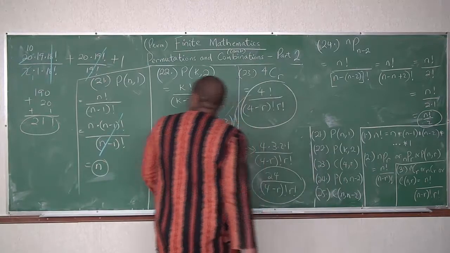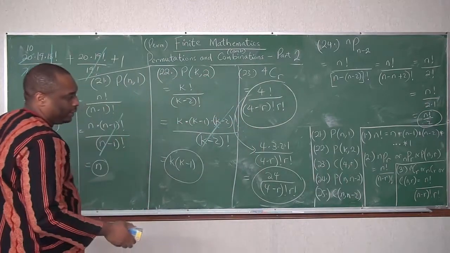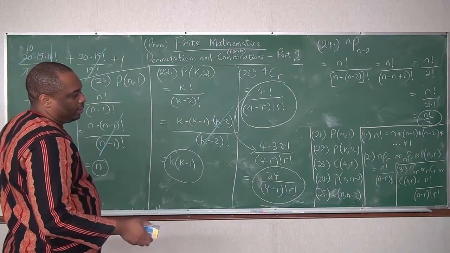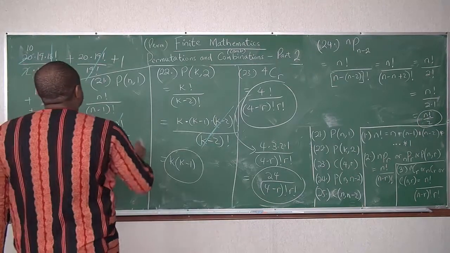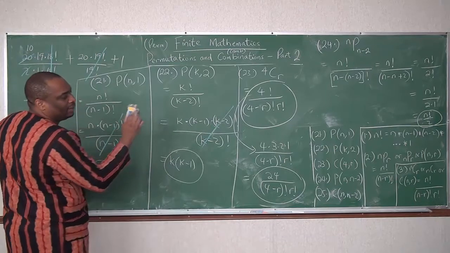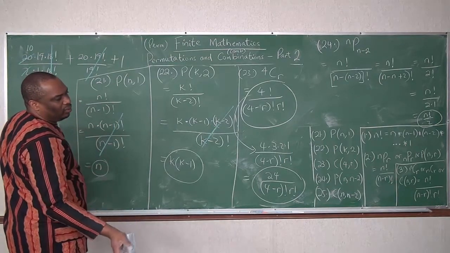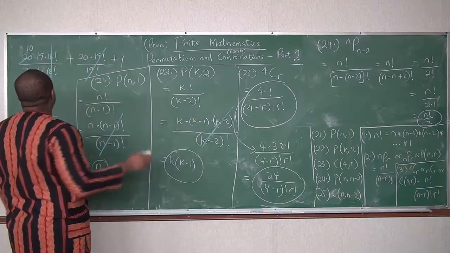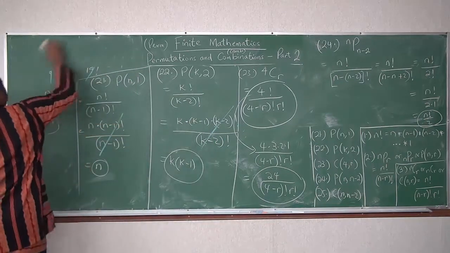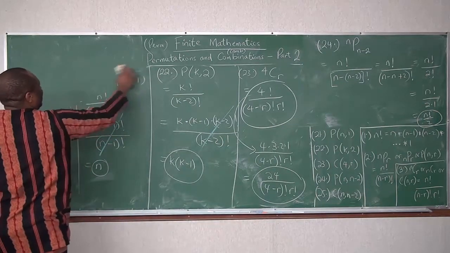Alright, the last but not the least, 25: nCn minus 2. Hey folks, I gave you a formula for combination and permutation in part 1.